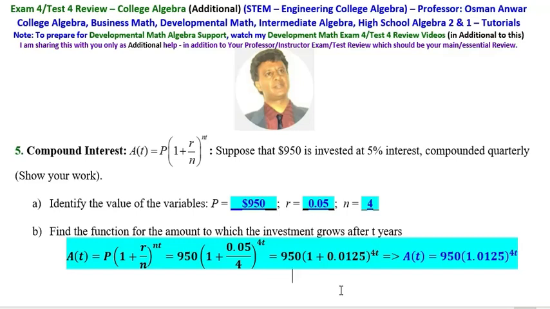So that is 950 times (1 plus 0.05 divided by 4, which is 0.0125), then that is all to the power of 4t. That is A of t is 950 times 1.0125 to the power of 4t.